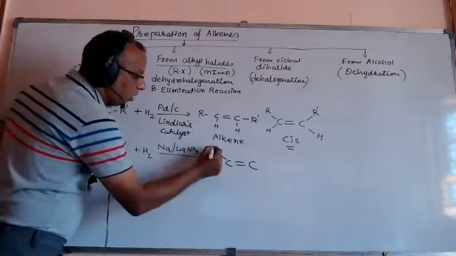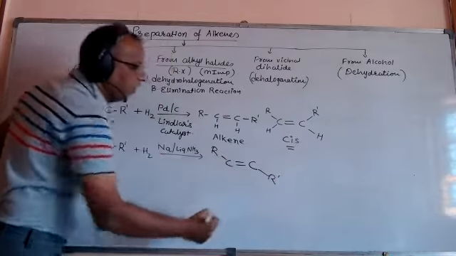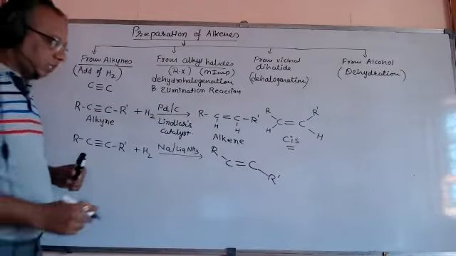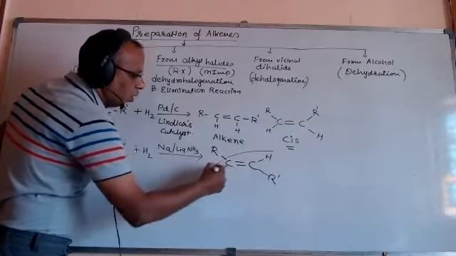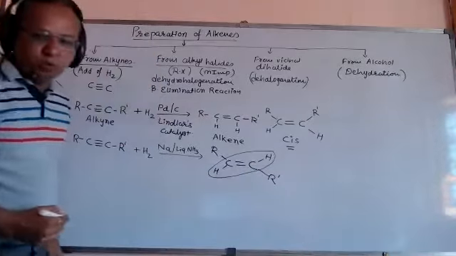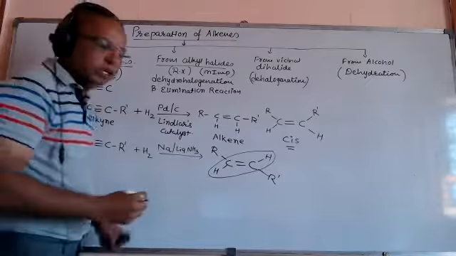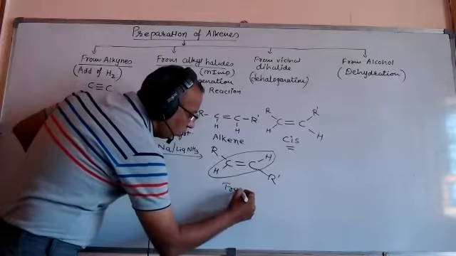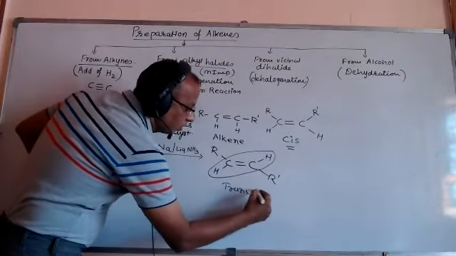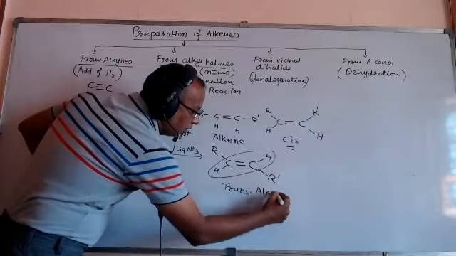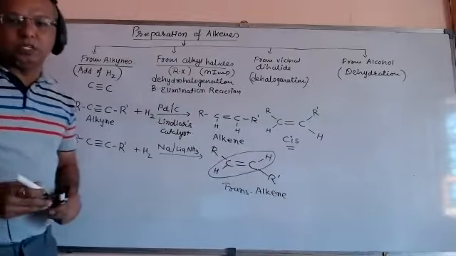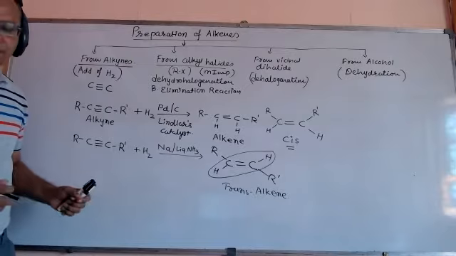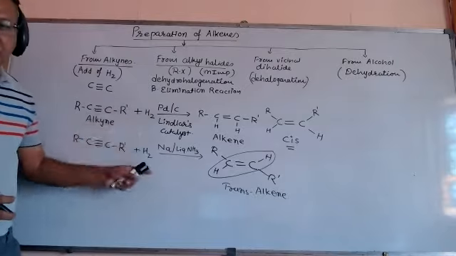This R and R dash will be arranged like this, and hydrogen atoms will be added to the opposite sides of the two carbons, and that's why this is called trans alkene. So cis and trans, two different products we can obtain by using different catalysts.